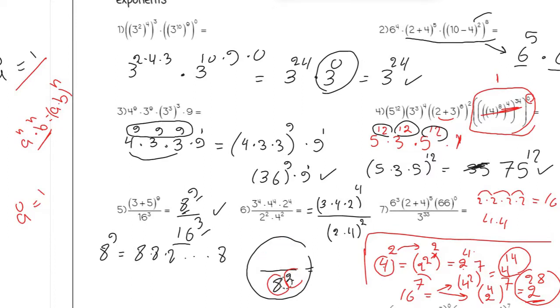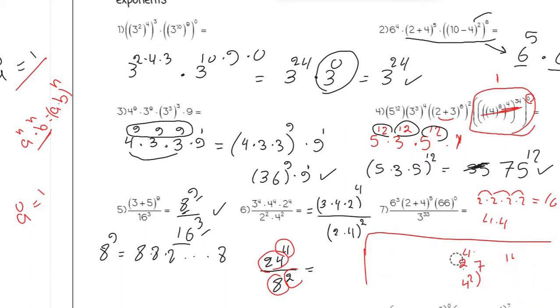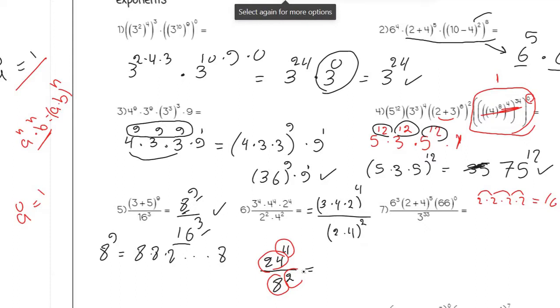Let me erase this part. I erased all of them. Okay, I will erase this part. Okay. Now instead of 8, I will write 24 to the power of 4.